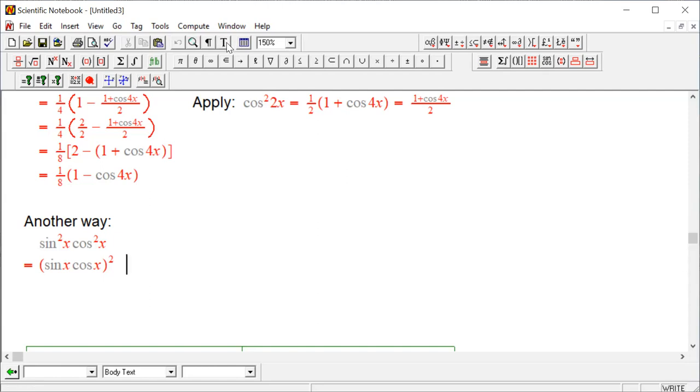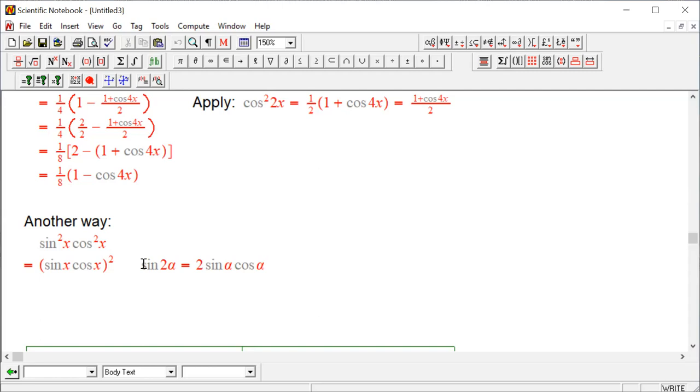So here we have a formula. This is the formula. Sine of 2 times alpha is equal to 2 times sine alpha multiply cosine alpha.